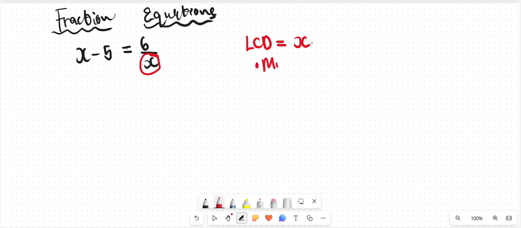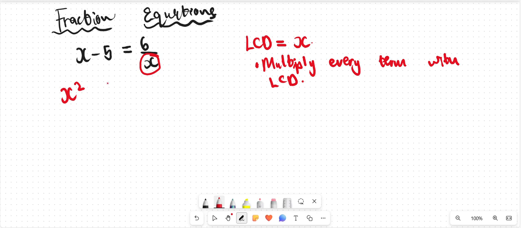You multiply every term with the LCD. So x times x would give me an x squared. x times negative 5 would give me a negative 5x.